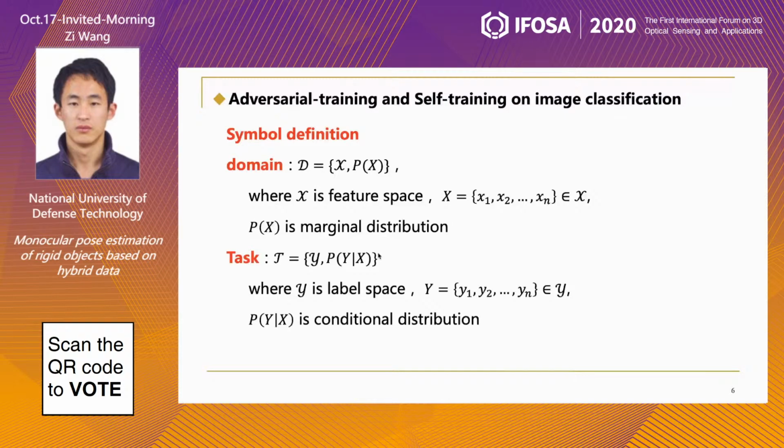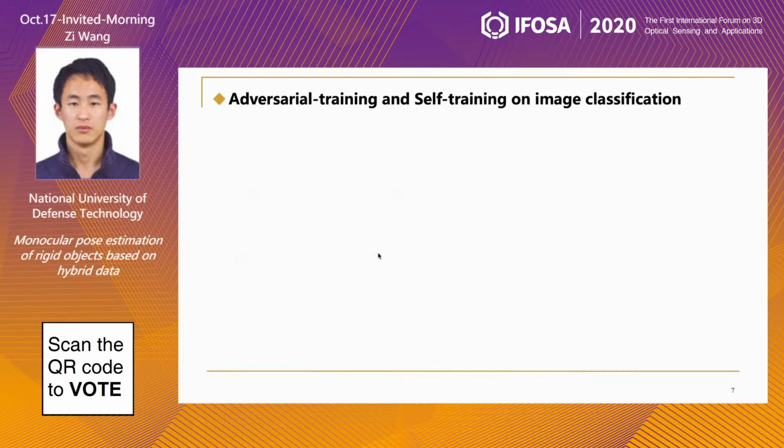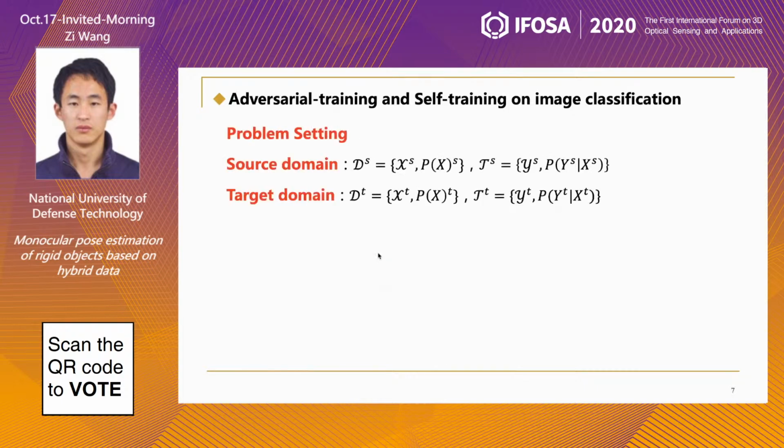A task is denoted as T, which consists of a label space and a conditional distribution. Then we introduce the problem setting. A source domain is denoted as D_S and T_S, while the target domain is denoted as D_T and T_T. Usually, the marginal distributions of source and target domains are not equal, which is called domain gap.